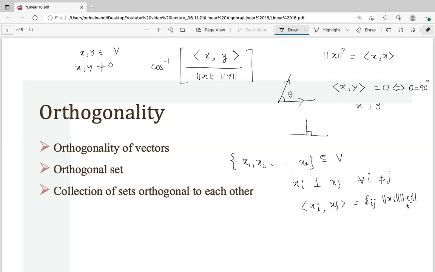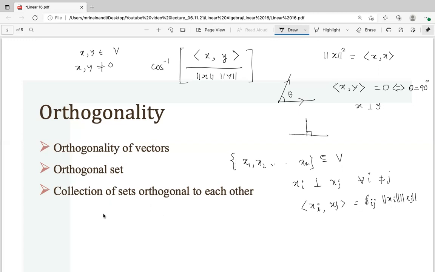So if i equals j, then it is just the inner product of xi with xi, which is the norm of xi squared. And if i is not equal to j, then delta ij is 0, so it is 0. So it is the Kronecker delta. So this is an orthogonal set of vectors.